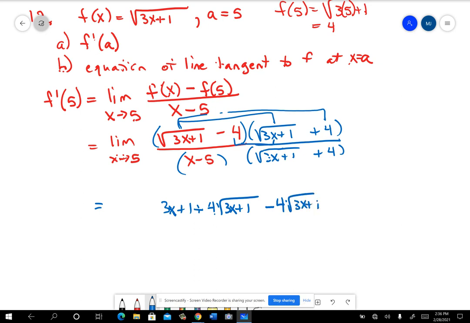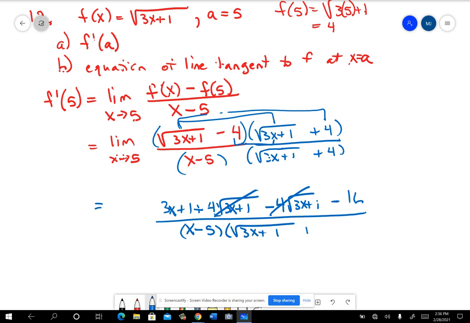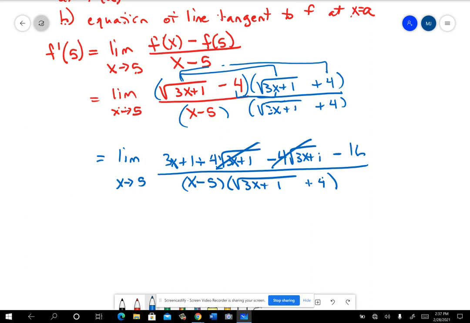And then the negative 4 times the positive 4 would be minus 16. So those are gone. Down here, you're not doing anything with the denominator. You're just keeping it all in there for now. Okay. And don't forget, we still haven't done the limit part of this. So we'll do the limit, but not yet. We've got to do some more simplifying.